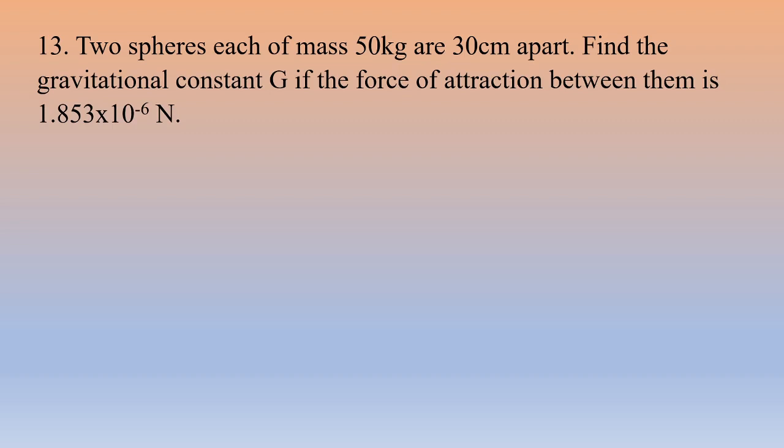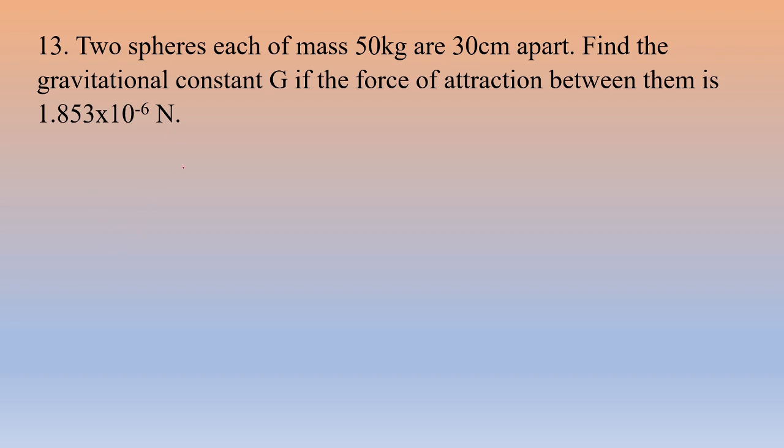Next, two spheres each of mass 50 kg are 30 cm apart. Find the gravitational constant G if the force of attraction between them is 1.853 into 10 raised to negative 6 Newton.